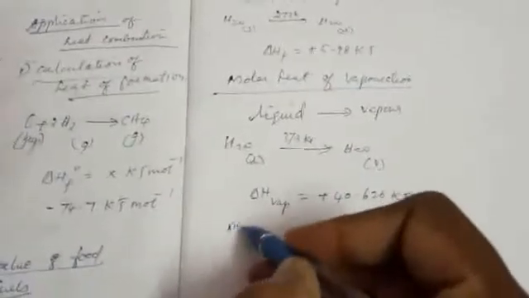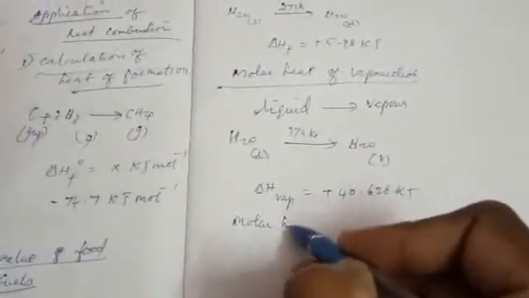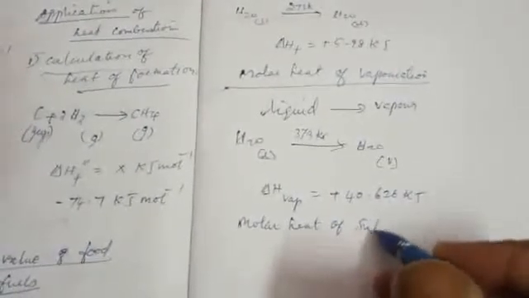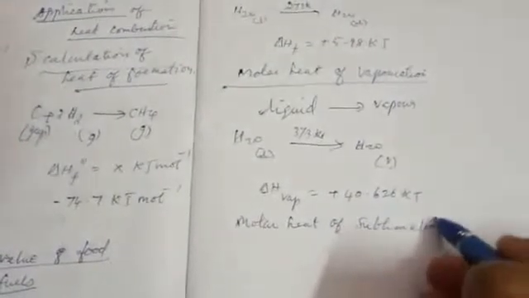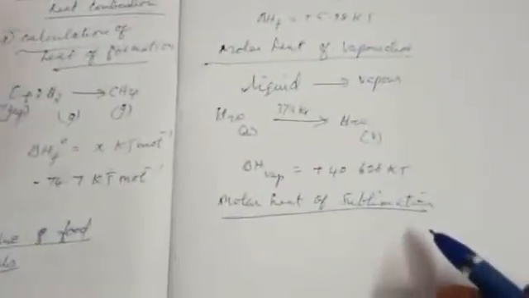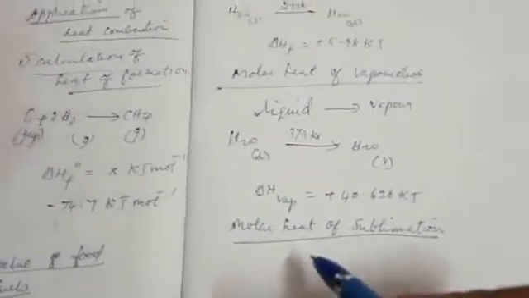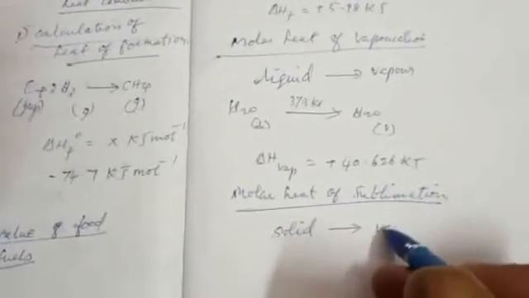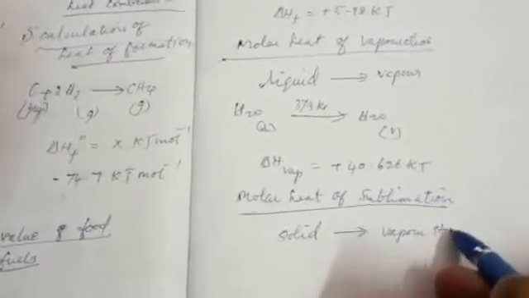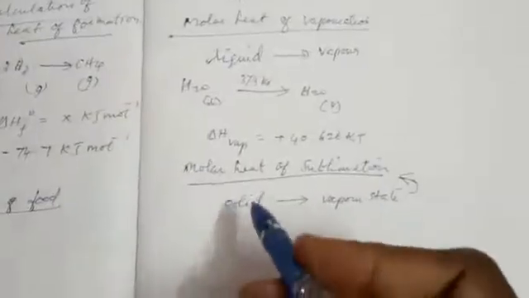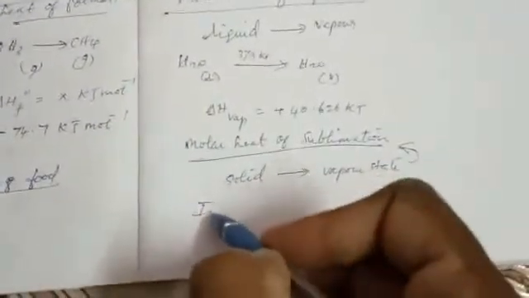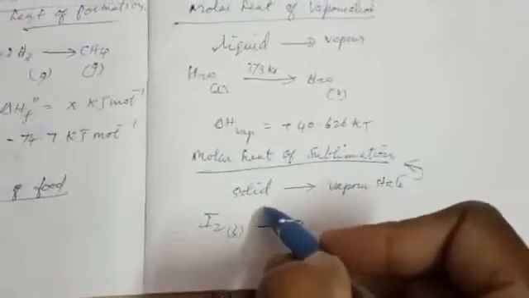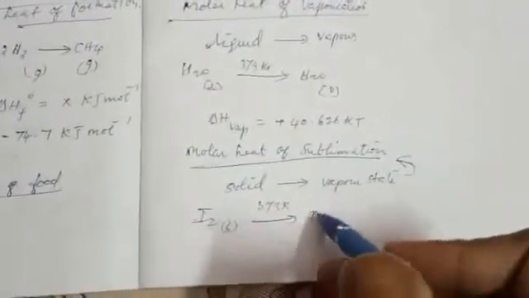Next, molar heat of sublimation. The enthalpy change when a solid goes directly to the vapor state, without changing into the liquid state, is the heat of sublimation. For example, iodine solid converted to iodine vapor.